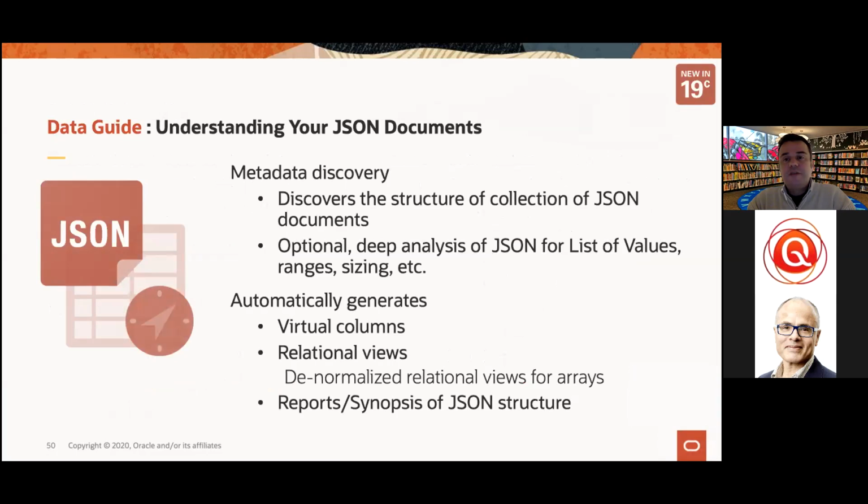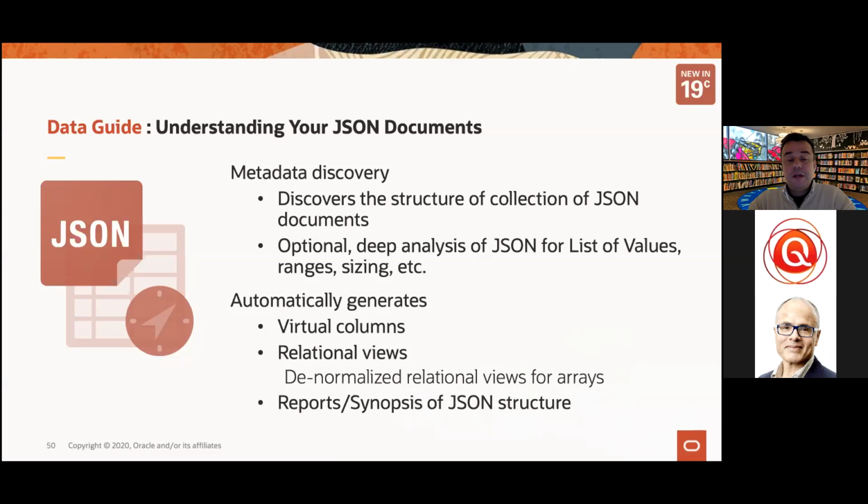How would you understand the JSON document? How do you know exactly what kind of fields you can query from those documents in your database, because you don't know the fields, you don't know the structure of the documents? Well, it's very simple. You can use the data guide to understand the structure and the values and the fields inside your JSON documents.